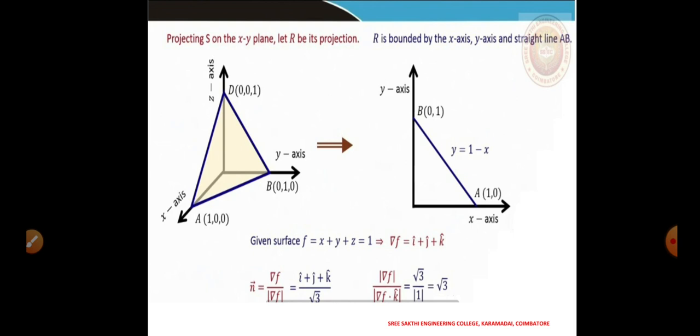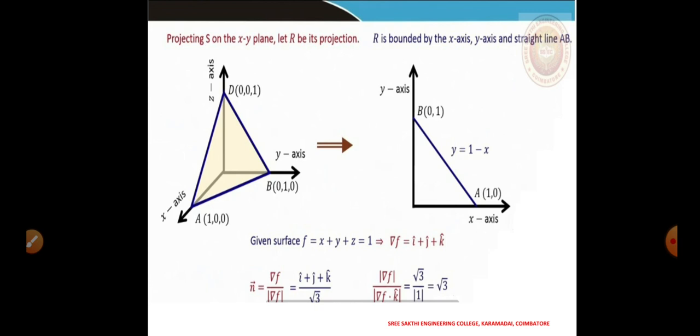So we have f equal to x plus y plus z equal to 1. We take this f and compute the unit normal vector. We need to compute del f, which is the i vector plus j vector plus k vector, and the unit normal is this divided by the magnitude, which is root 3.